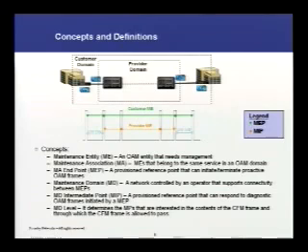Within a maintenance domain, you can have maintenance associations, where you have multiple VLANs, and each maintenance association is associated with a service. And you can have multiple levels. In this particular case, we have the provider domain at one level and the customer domain at another level.